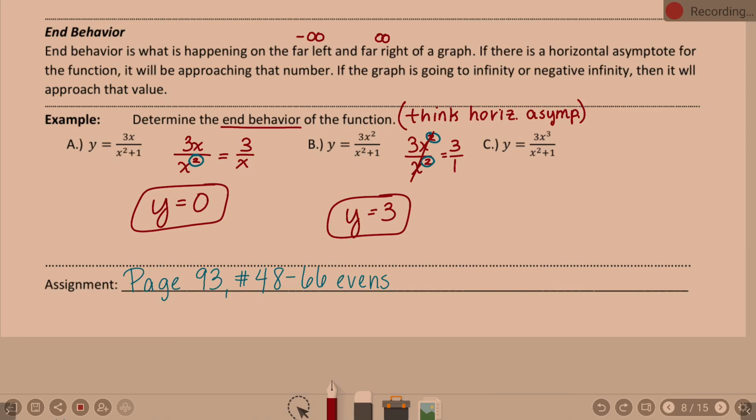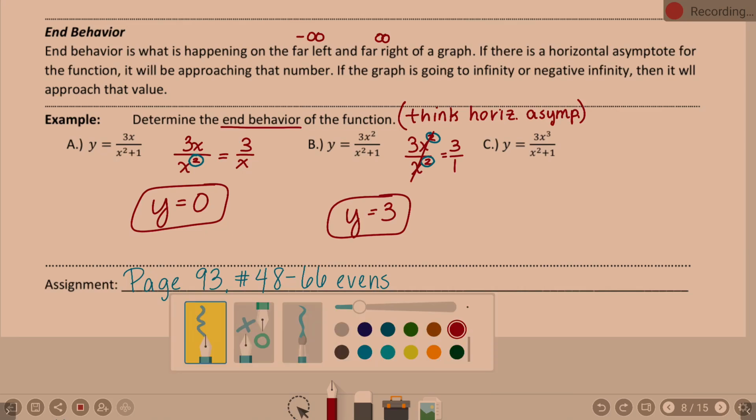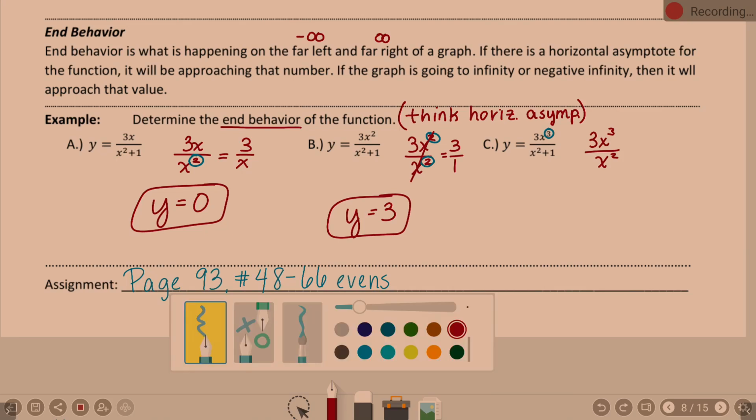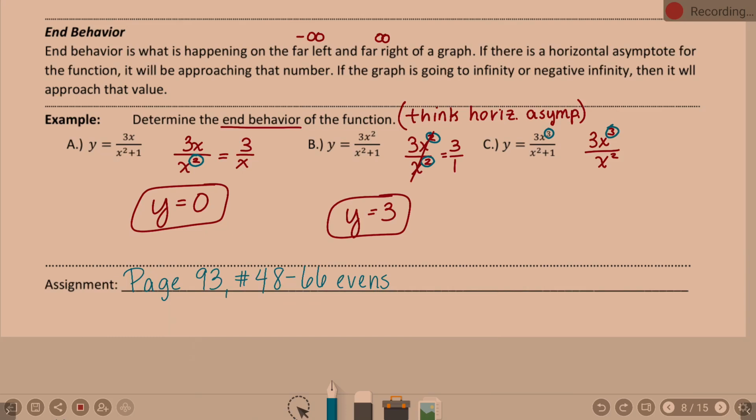Okay, what about this last one? Biggest power on top. Biggest power is on top, yes? If we look at this, we are comparing 3x cubed over x squared. What's the rule when the biggest power is on top? Okay.